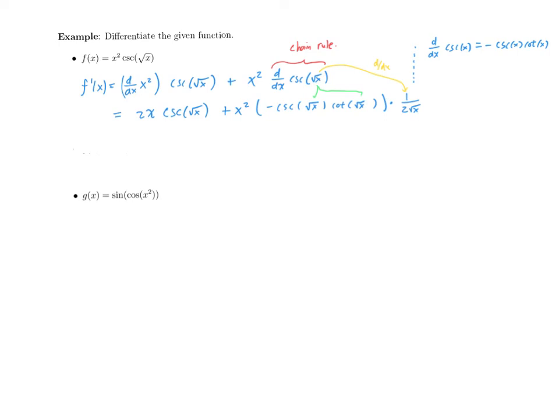Now note, if we just approach this exactly as we have done previously, we can think of having an outside function sine and an inside function cosine of x squared. The chain rule tells us simply, you differentiate the outside function, cosine, you evaluate that at the inside function cosine x squared, and you multiply by the derivative of that inside function.